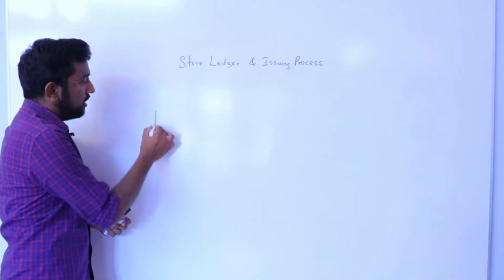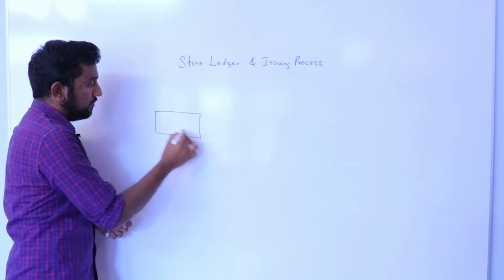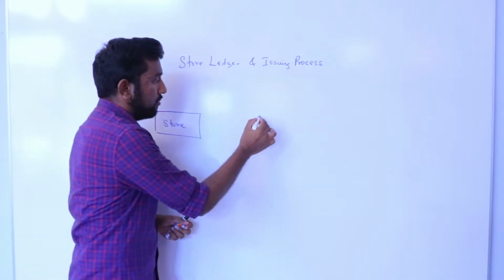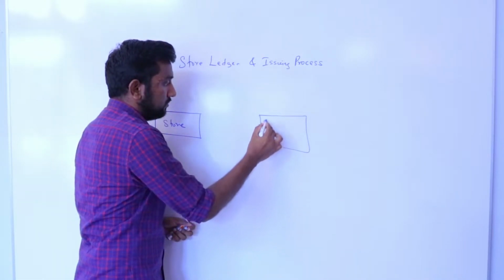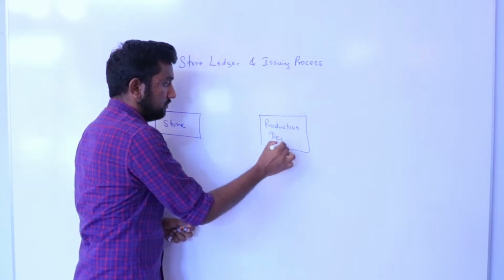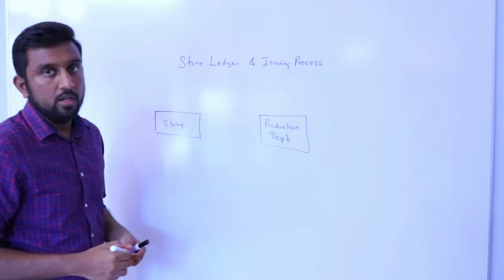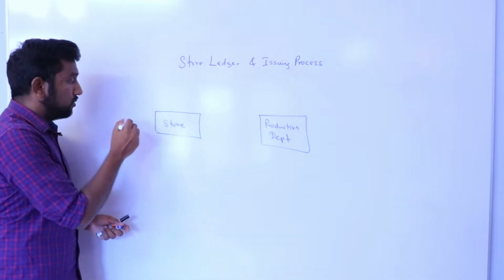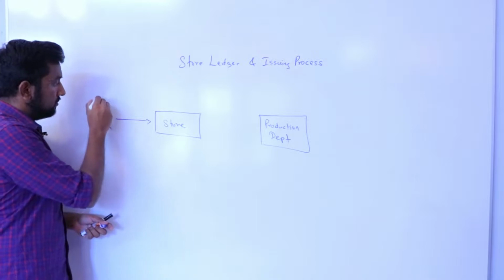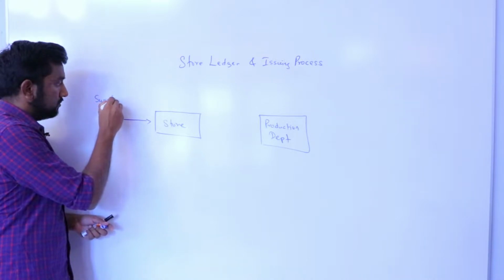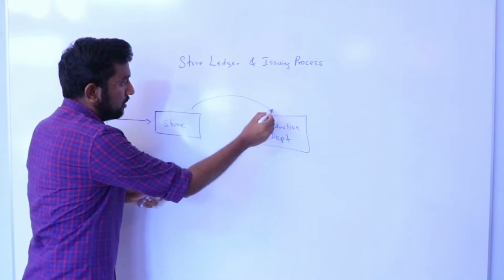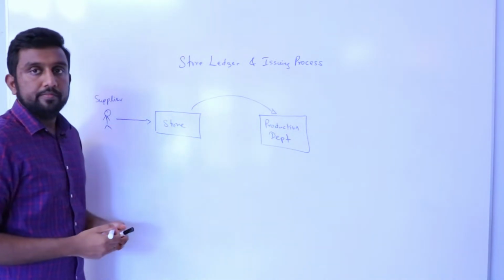So let's assume we have a store and we have a production department. The store will receive the goods from the supplier, and then the store will issue the goods to the production department.